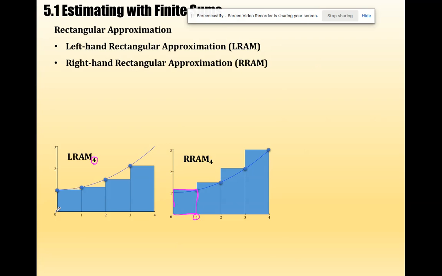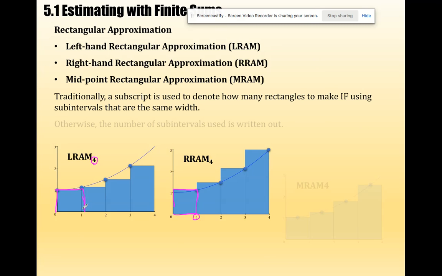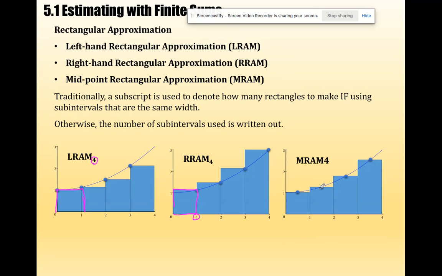For LRAM, I use the left side of the first interval to constantize the function. MRAM, oops, that's supposed to be a subscript, means you used the middle of the function to constantize right and left to get the first interval.